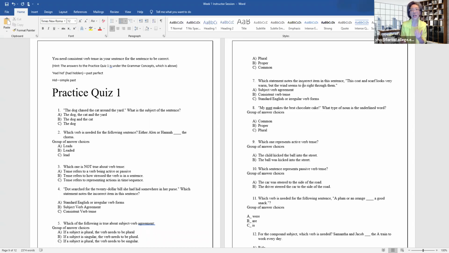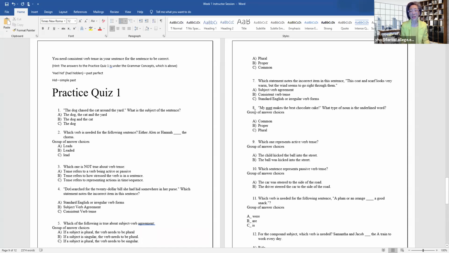So the answer is A, yes, subject verb agreement, because this coat and scarf is a compound subject, and looks is not right. It should be this coat and scarf look very warm.